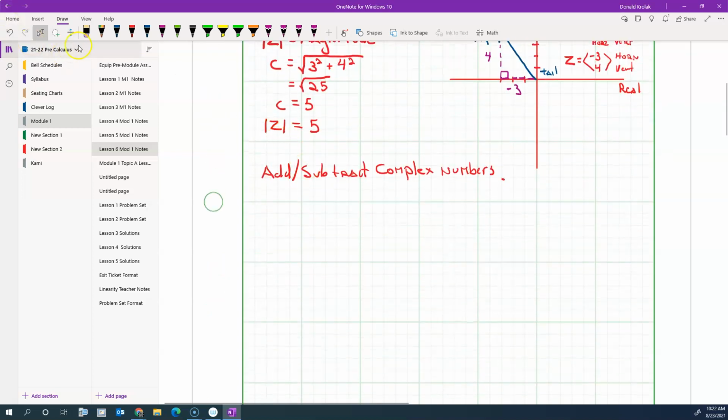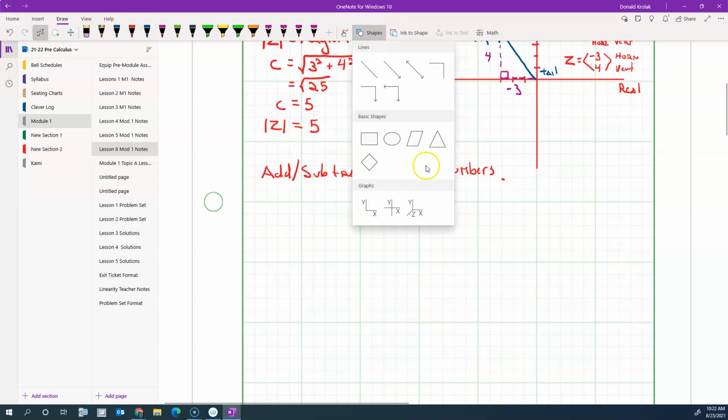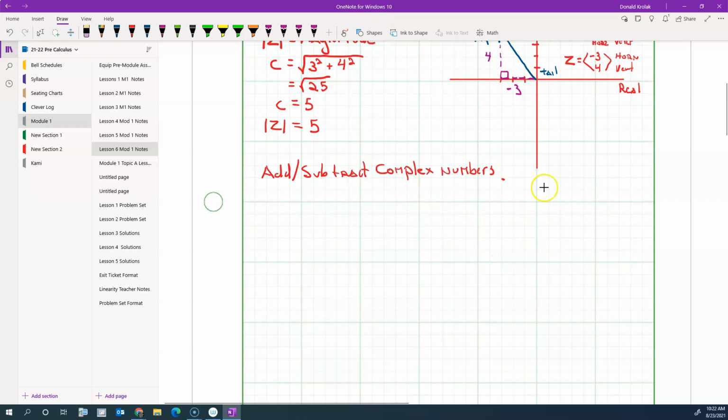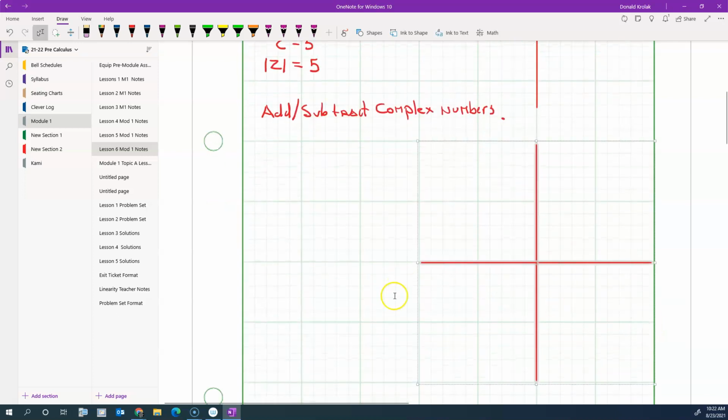Okay, and then real quick, let's make another plane here. Real, imaginary.